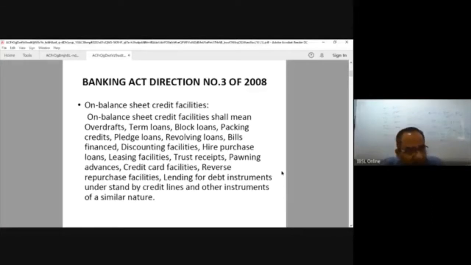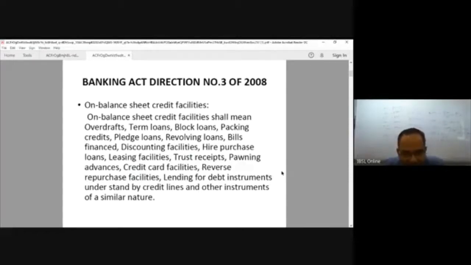Off-balance sheet items are things which will not come to the balance sheet, but still the outstanding will be the bank's liability on that, right? For example, if it is a term loan, block loan, packing credit, pledge loan, revolving loan, whatever bills financed, bills discounted, hire purchase loans, lease, trust receipt loan, owning advances, credit card facilities given, reverse repurchase facilities, debt instrument, all these things are funded.